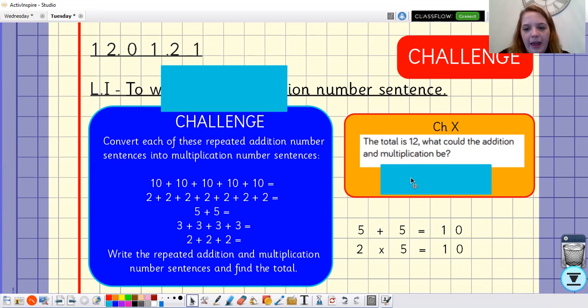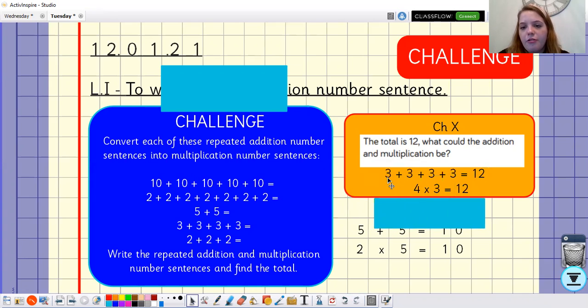So my example here is 3 add 3 add 3 add 3, which I know equals 12, because we count 3, 6, 9, 12. And the multiplication number sentence would be 4 multiplied by 3 equals 12. So that would be just one possibility. But see how many other options you can find. Okay, so that's your main task for today.